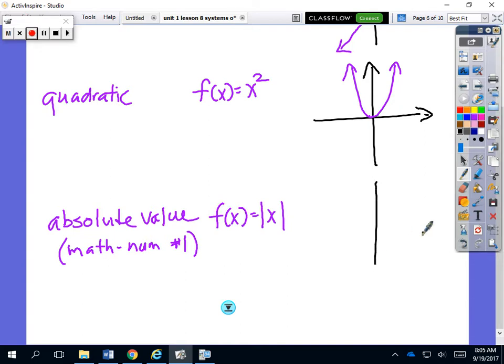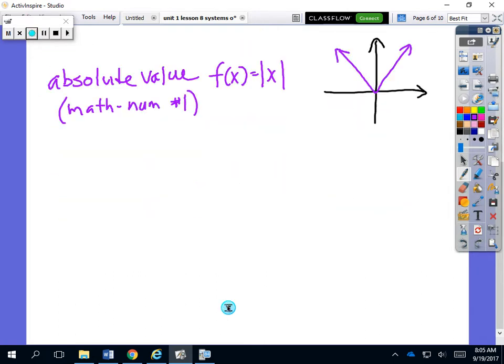And then that is a V shape. And then we have two more. So if you didn't flip over your paper, you're probably going to need to now. We've got the cubic, or any other polynomial. It's going to have a different curve shape, but we actually looked at cubic. So f of x equals x cubed.